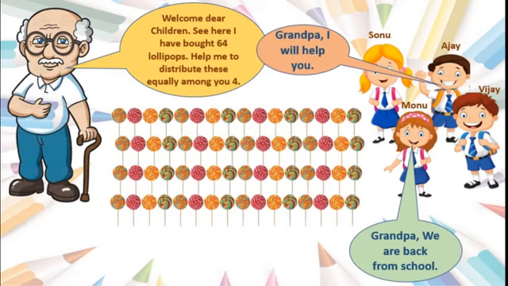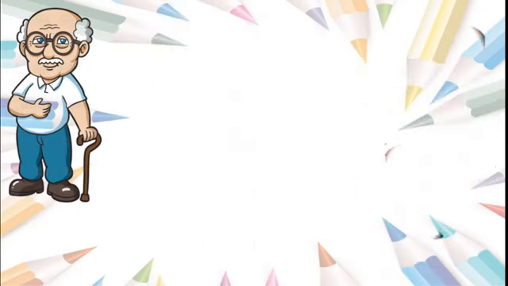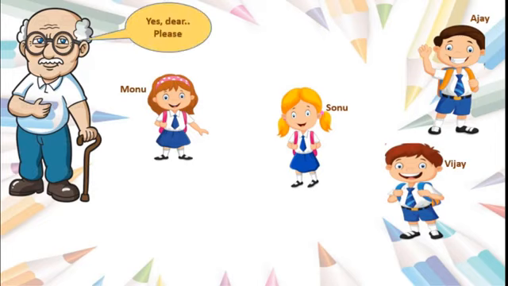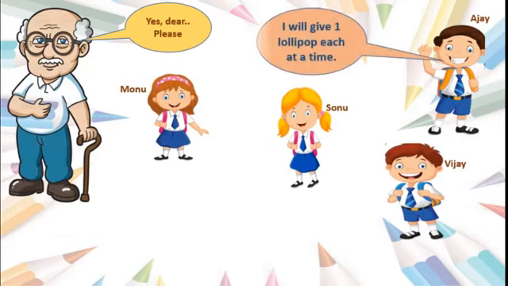Ajay said, Grandpa, I will help you to distribute. These children are ready to distribute the lollipops. Grandpa said, yes dear, please start the distribution. Then Ajay said, I will give 1 lollipop each at a time.